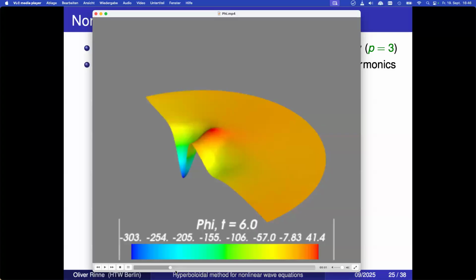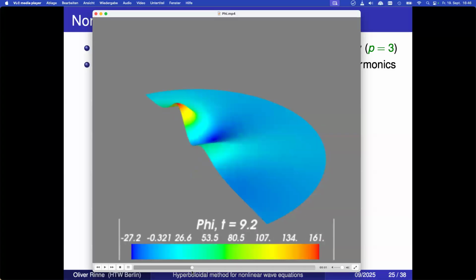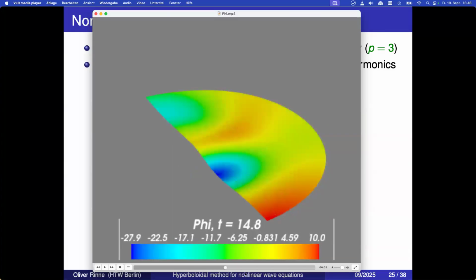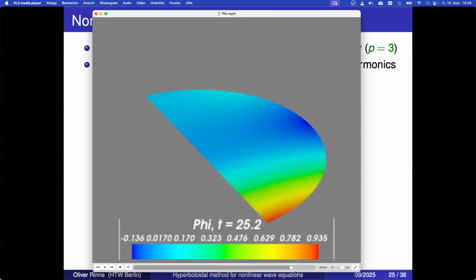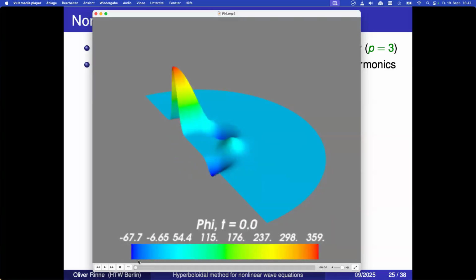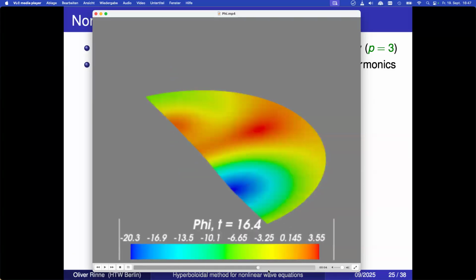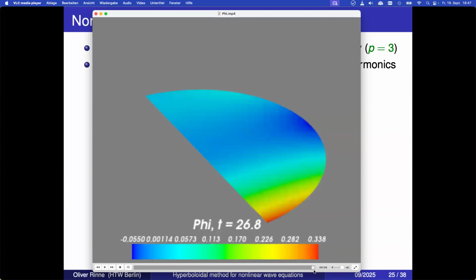Okay, so here's a little bit of focusing going on and then dispersal. The colors here are always normalized to the entire range of this phi at any given time. The absolute value of phi is shown basically by the elevation here in the z direction. So you see this phi now becomes very small. Even though you see some colors, it's actually very small.